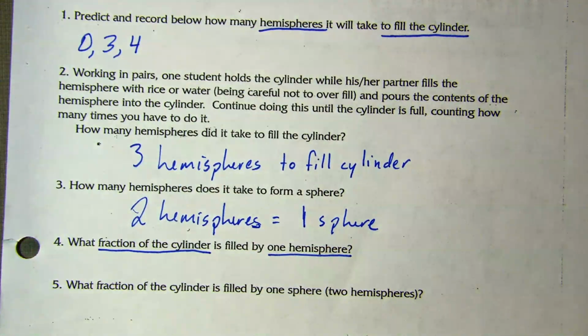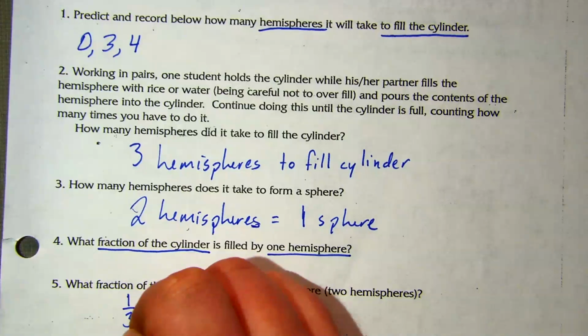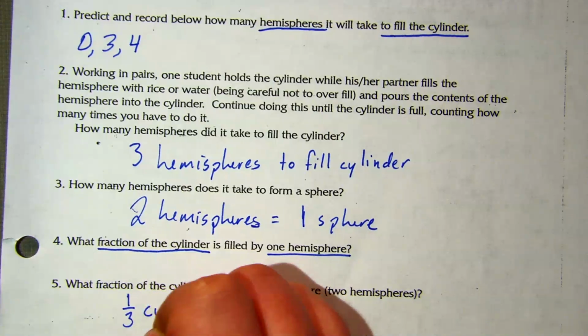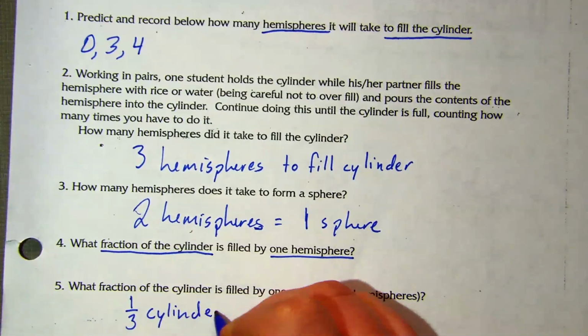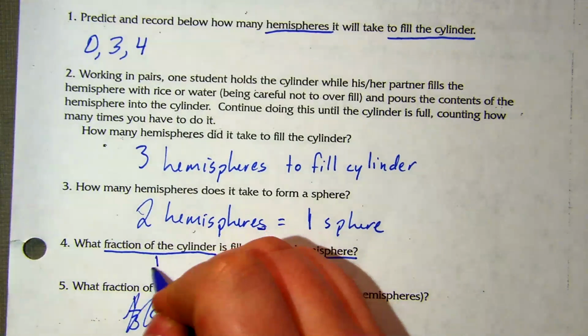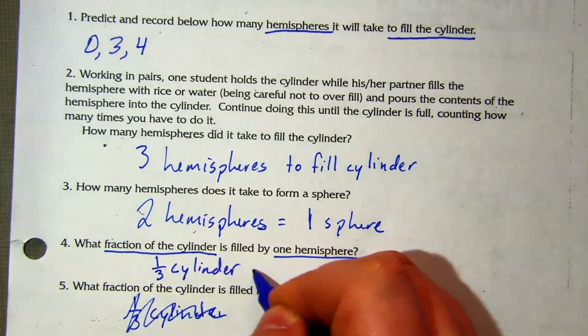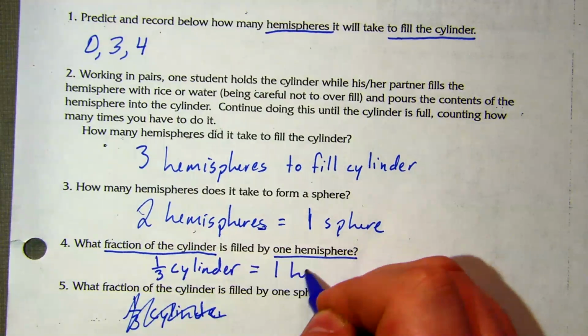Awesome. Yeah, see it from a couple people. So 1/3 of our cylinder. Oops. 1/3 of the cylinder equals 1 hemisphere.